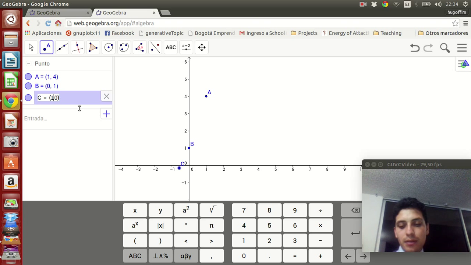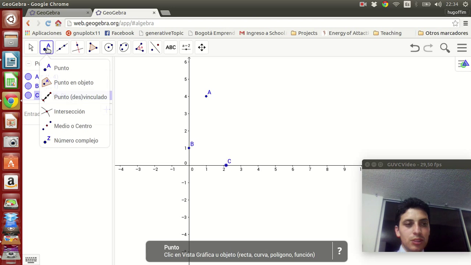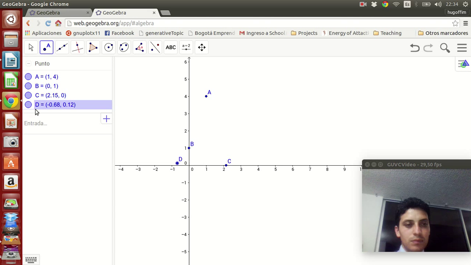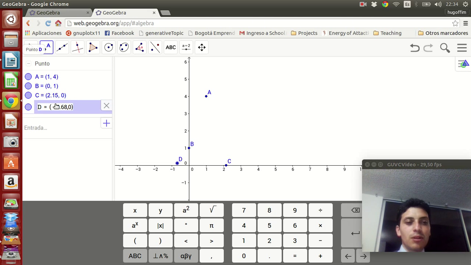We say that is 1 plus 2 times square root of 3 divided by 3, and the other point of intersection is y0, and here is 1 minus 2 times square root of 3 divided by 3. Okay, so these are the points.